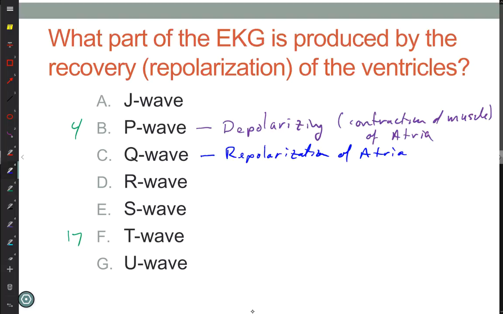The R and S, I've never seen a clear separation of the two, so combining these, what's going on with the RS? Going to the back row, Carrie.